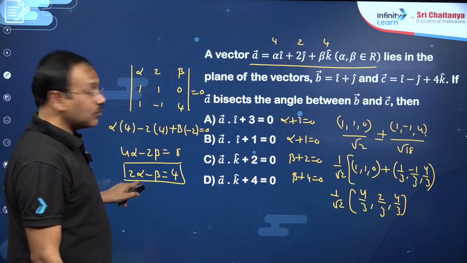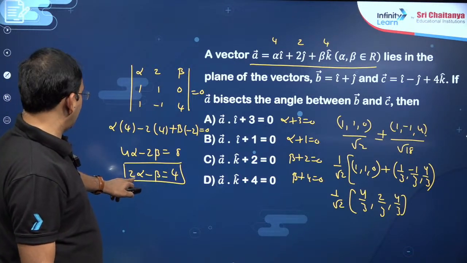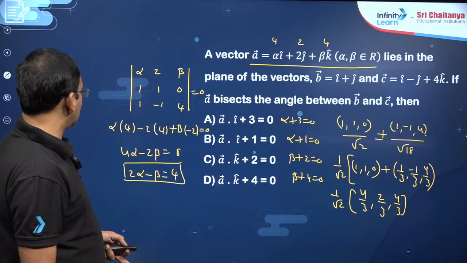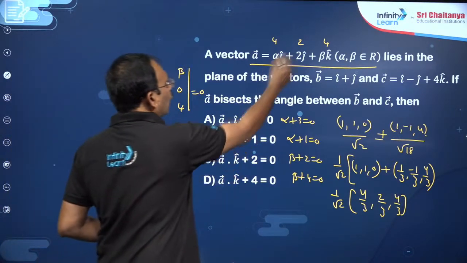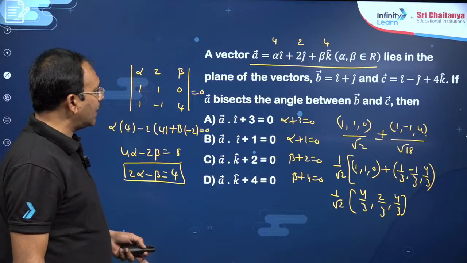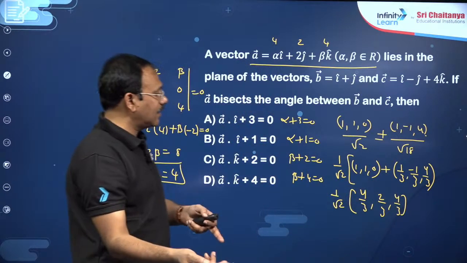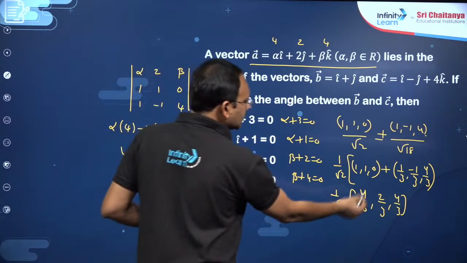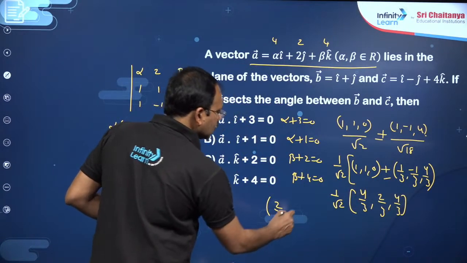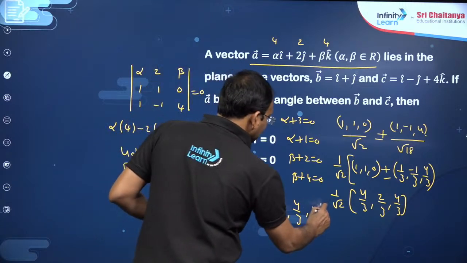You have to take 2 alpha minus beta equal to 4 also. If you take 4 to 4, dear students, proportionate to that, alpha 8 minus 4 is 4, perfect. So the 4, 4 combination works, and you can also check another combination with minus, because that is the external angular bisector. If you do the minus you will get 2 by 3, 4 by 3 and minus 4 by 3.